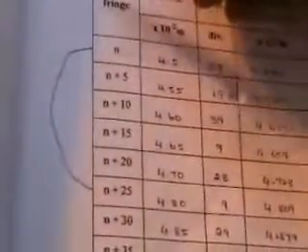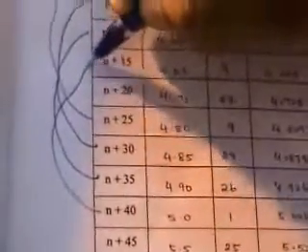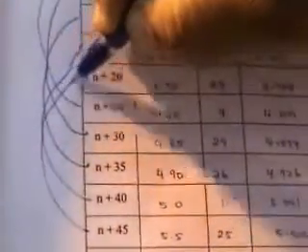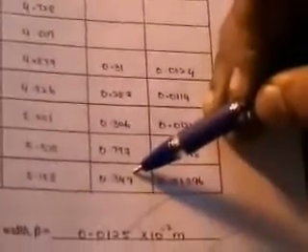Similarly, n plus 30th minus n plus 5th will again give you the width of 25 fringes. Similarly, 35 and 10, 40 and 15, 45 and 20, 50 and 25. When you do the calculations, you will get width of 25 fringes.